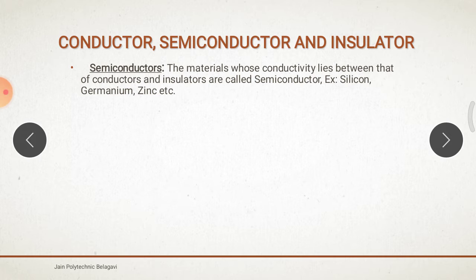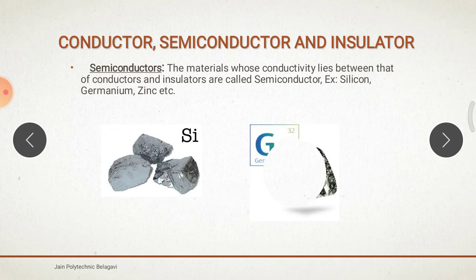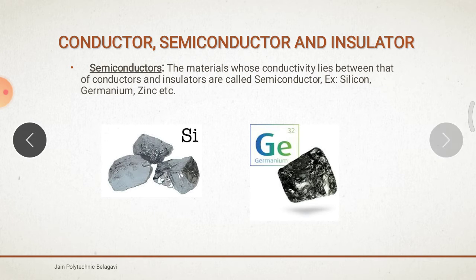Below 0.3 volt it does not allow electric current to pass through. After 0.3 volt it starts to conduct. The examples I already told are silicon and germanium. In these, we generally use silicon more, and next is germanium.